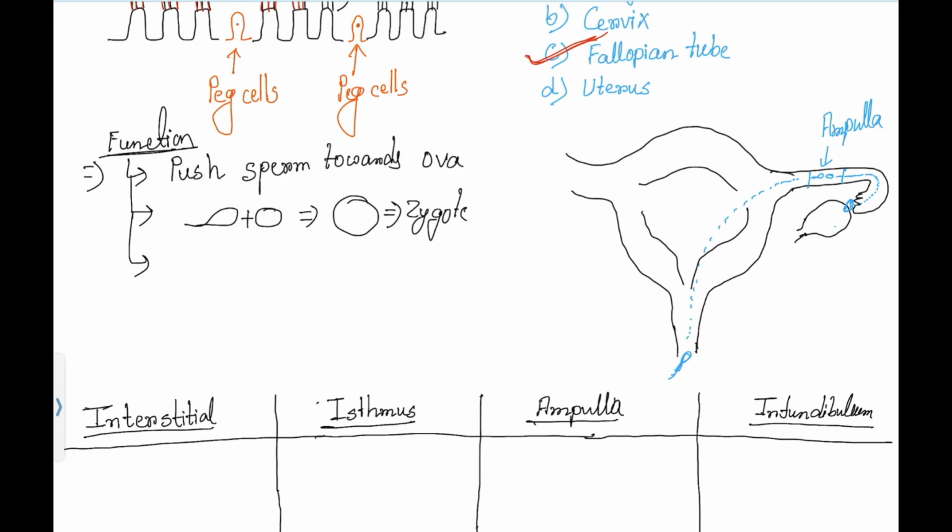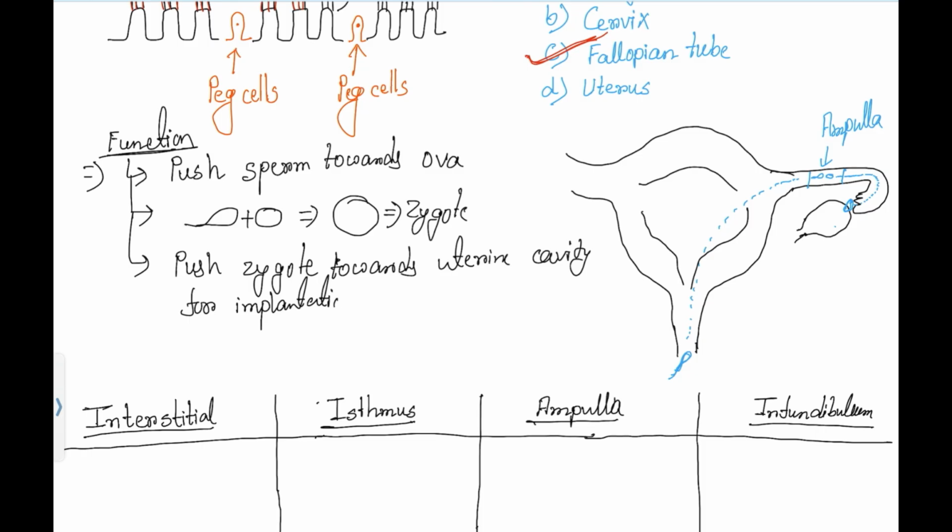So another function of this cilia is to push the zygote towards the uterine cavity for implantation. So the functions of this cilia in the fallopian tube are to push sperm towards the ova, and second, to push the zygote towards the uterine cavity for implantation.